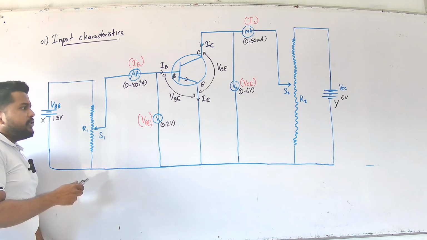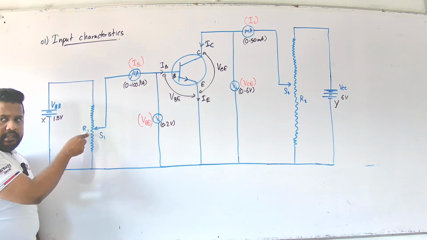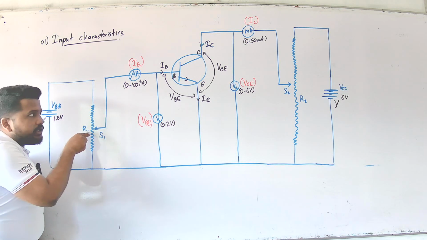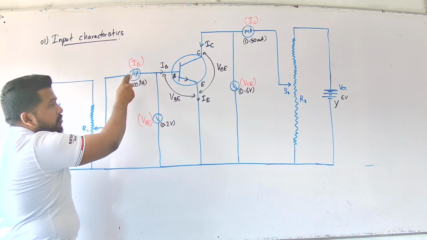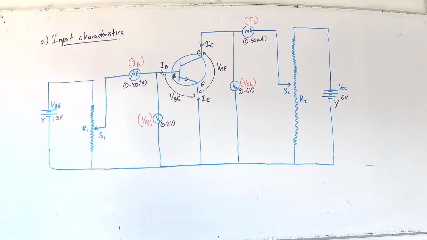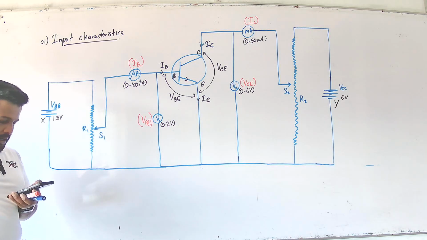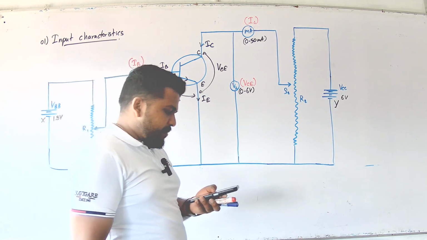We can change this R1, then we can change the VBE, then we can find the IB using the microammeter.